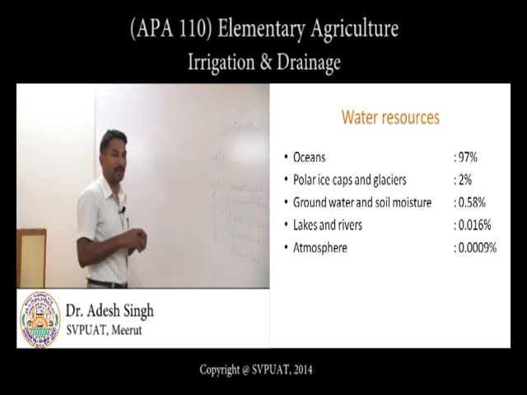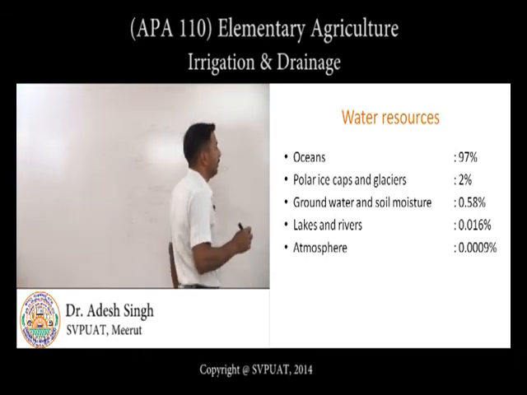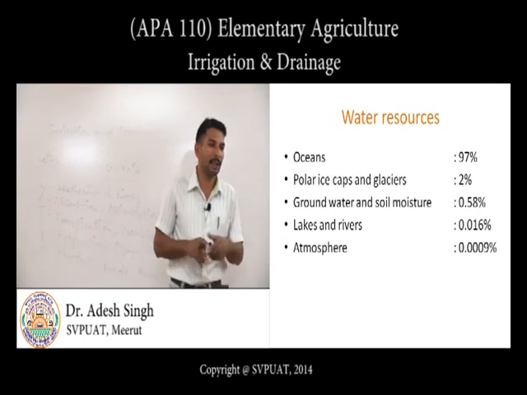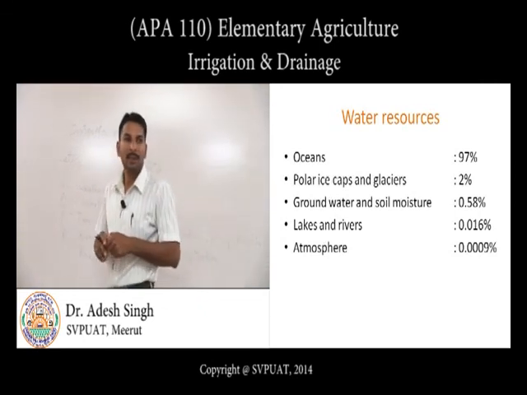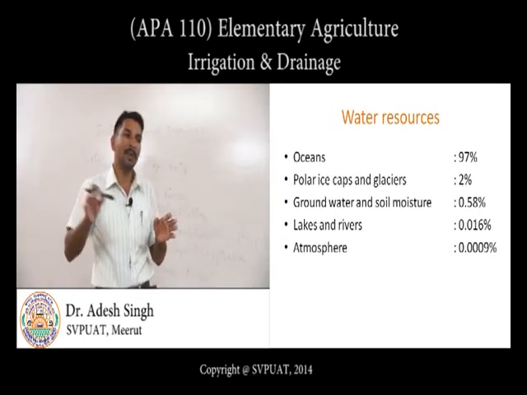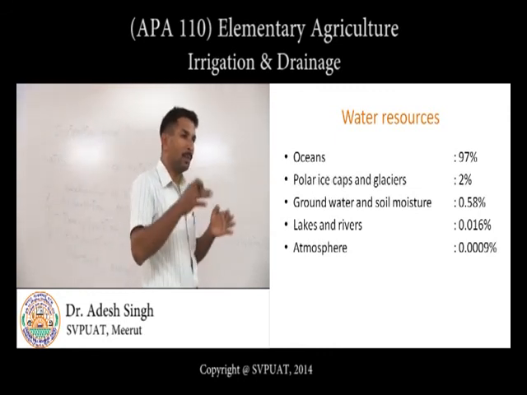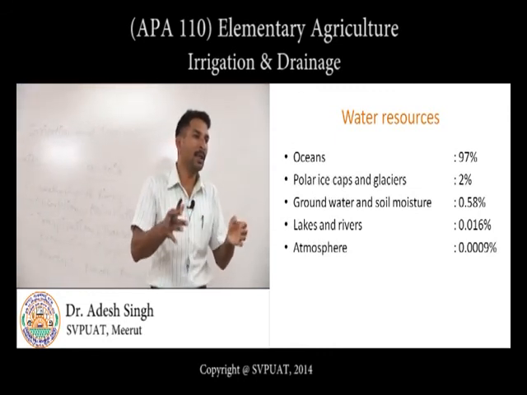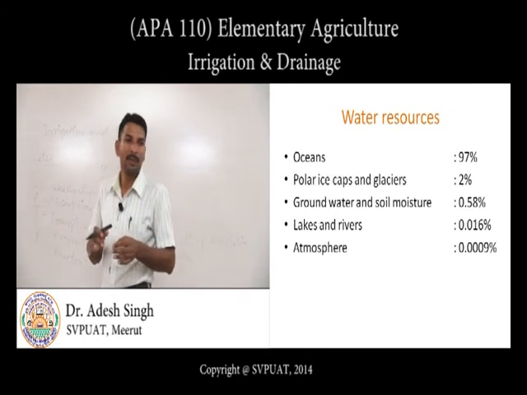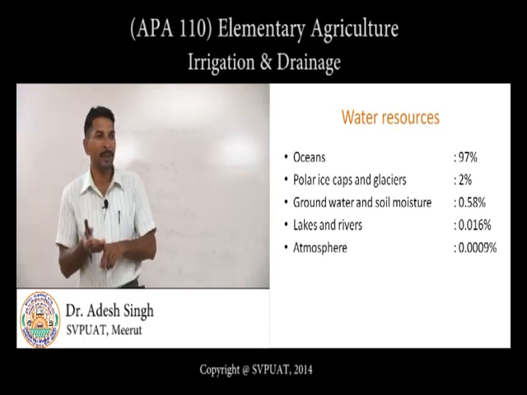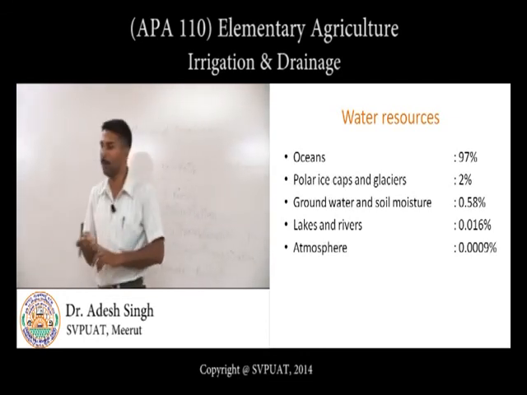Then comes to the water resources. Means you all know whatever total water is present in the earth's surface, this is not utilized by the crop plants, and most of the water is ponded in the oceans, and which is not utilized by either human being or for crop plant point of view.